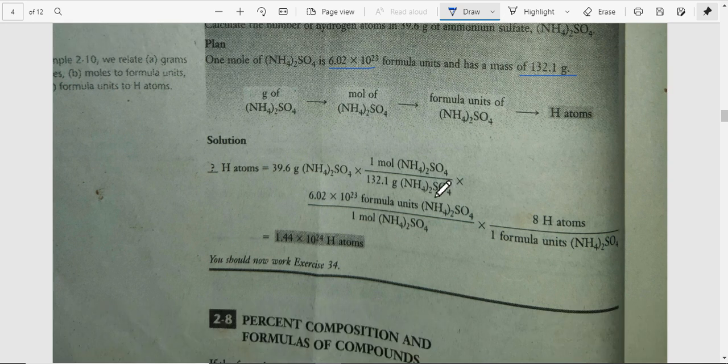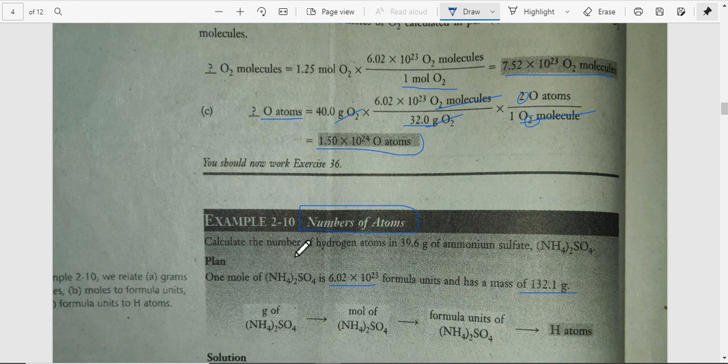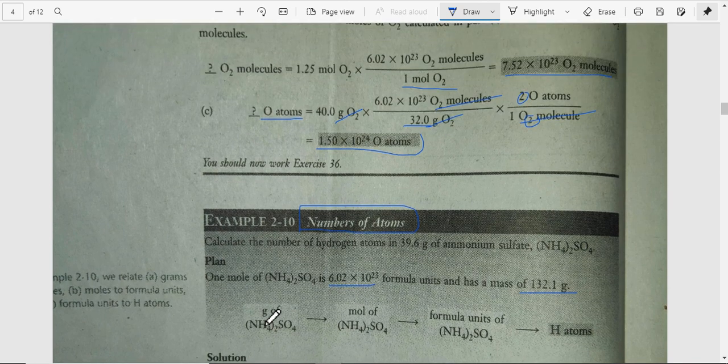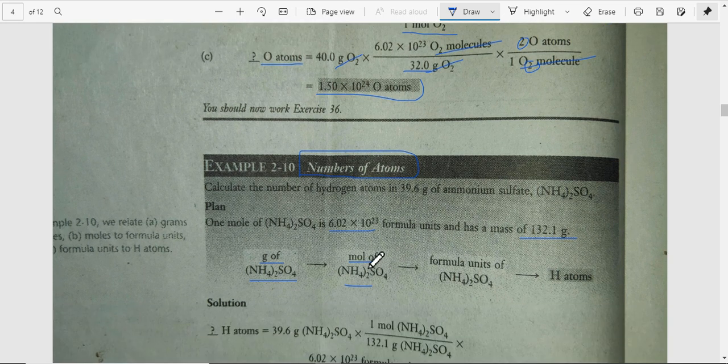So how do we get its number of atoms? Same as before, you convert the grams of your (NH4)2SO4 into moles.